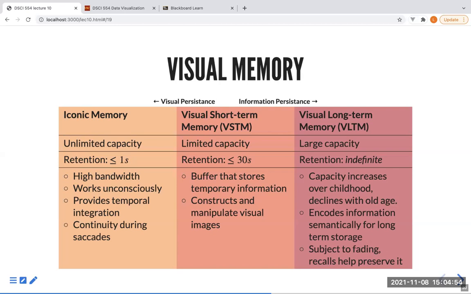The visual long-term memory is not that relevant to us because this is really the long-term memory that you have, but that is not really relevant to our topic, that is information visualization. So these are things that you will remember for years, right?